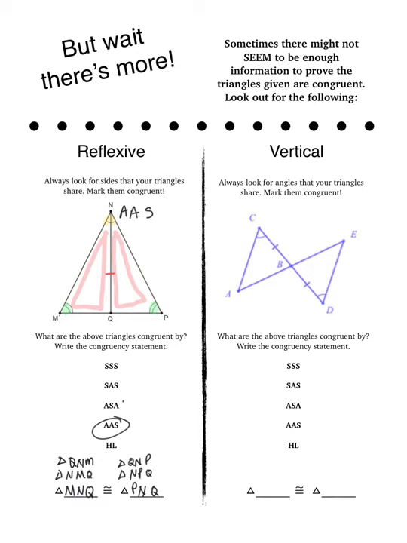Let's look at the next side, vertical angles. Now remember what you learned. Vertical angles are congruent. Those two are congruent. They're vertical angles.